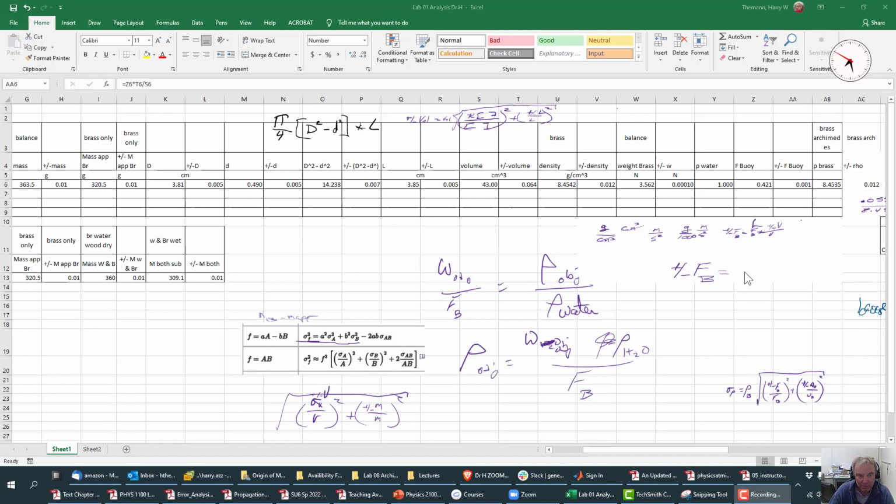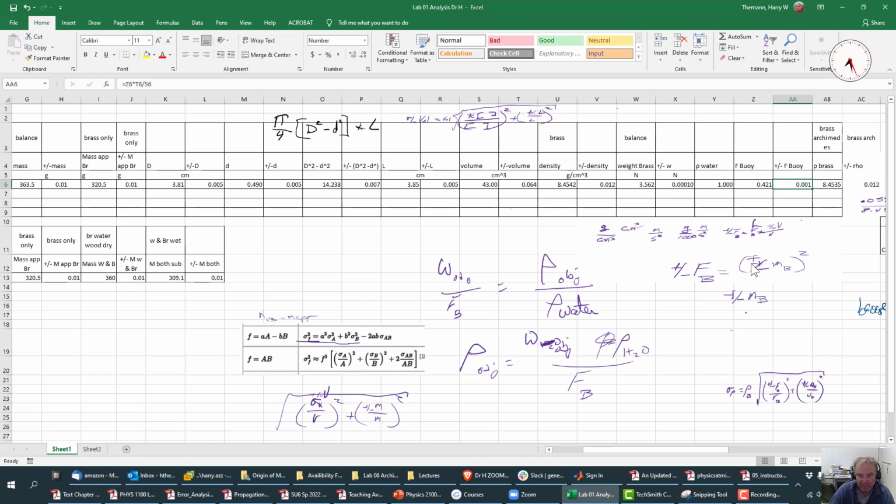So we're still going to do the plus minus M brass squared, and we would divide that by 1,000, and then that would be squared. Now let's just do it out first. Maybe we can see the common terms.